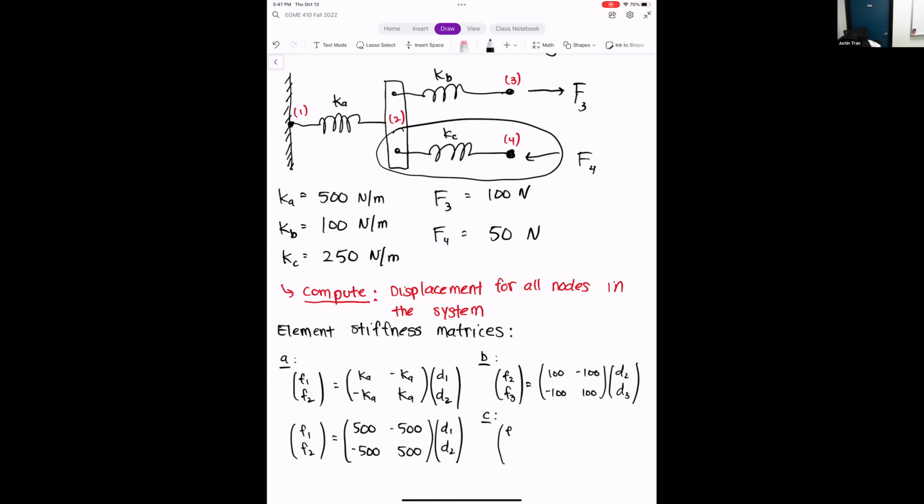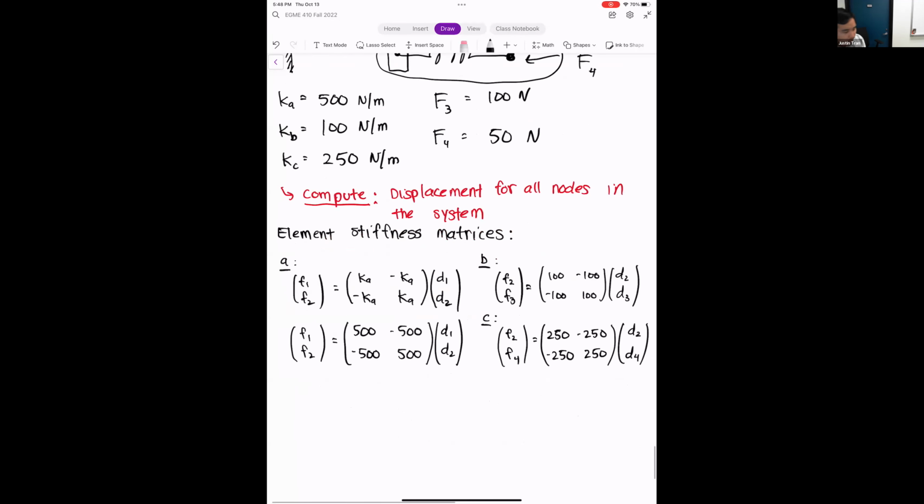So this would be F2, F4, and this is equal to 250, minus 250, minus 250, and 250. And that's going to be acting on displacements D2 and D4.